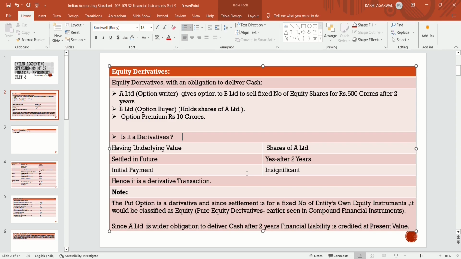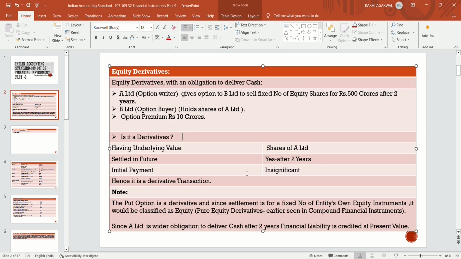So what is an equity derivative? An equity derivative is an obligation to deliver cash. Suppose A Limited, who is an option writer, gives an option to B Limited to sell a fixed number of equity shares for rupees 500 crores after 2 years. Let's take an example to explain how it is to be accounted for as per the standard.